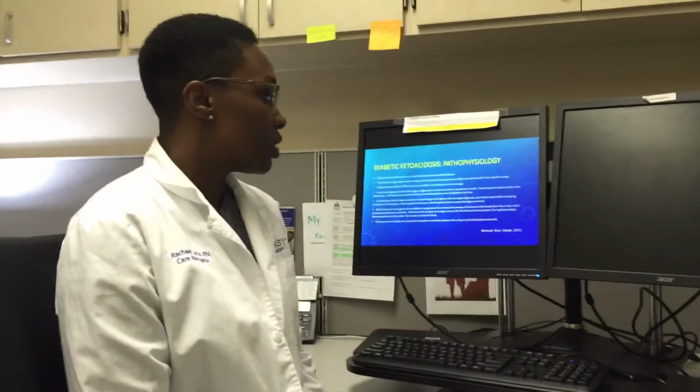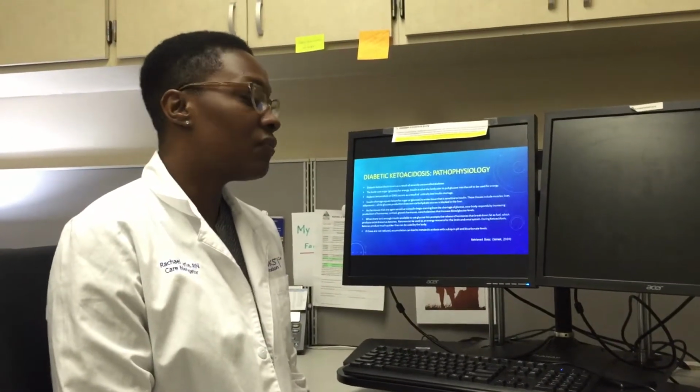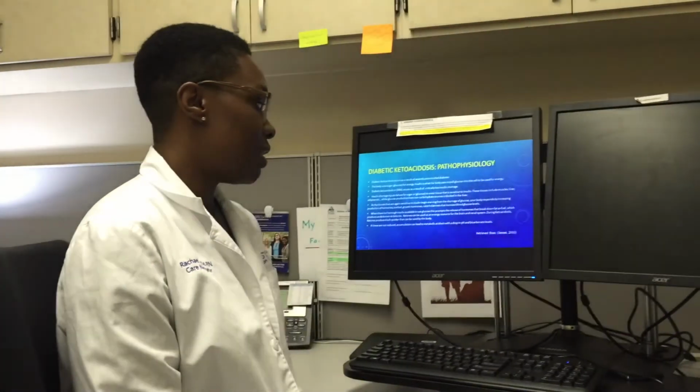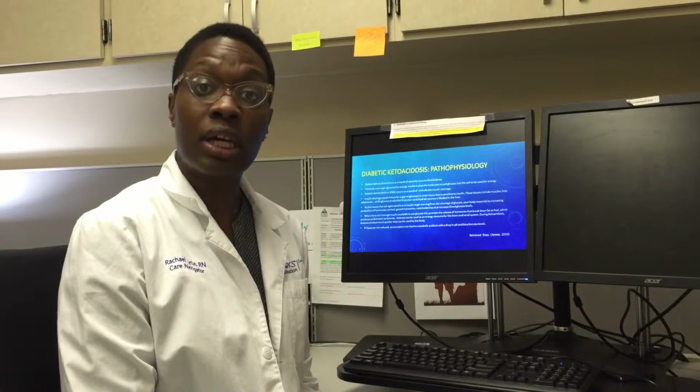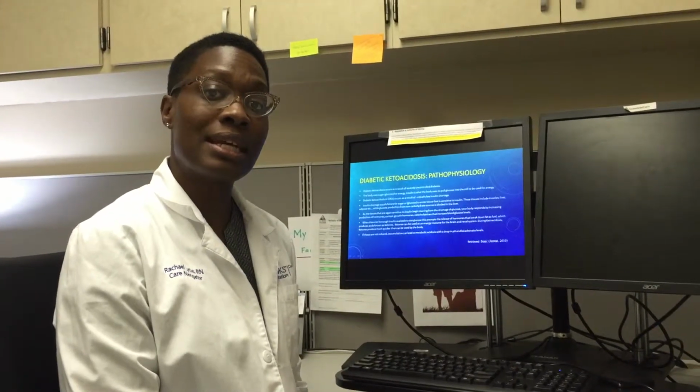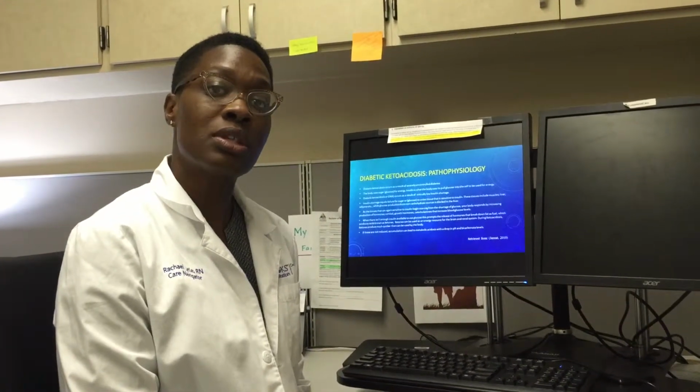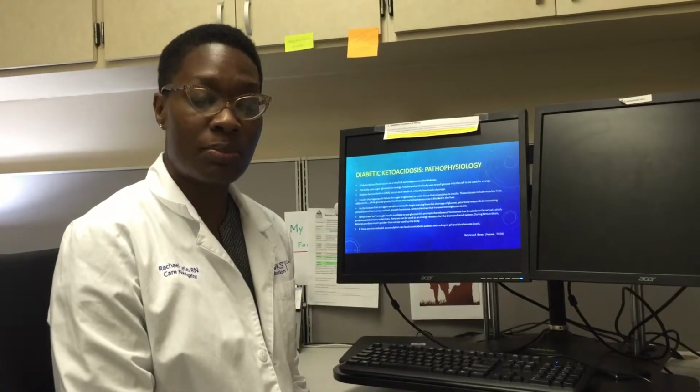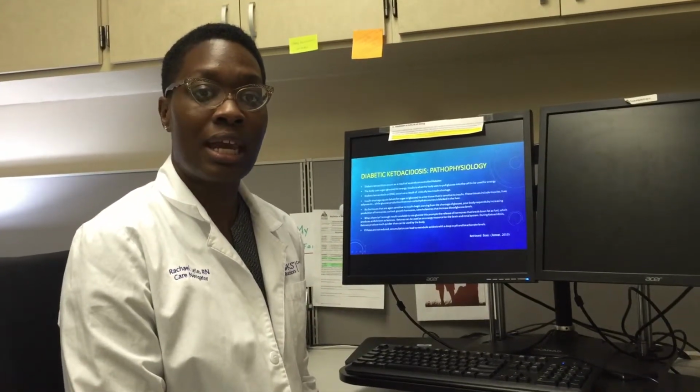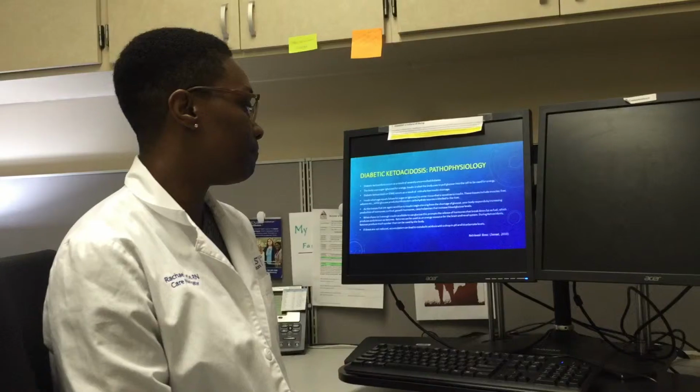Diabetic ketoacidosis occurs as a result of severely uncontrolled diabetes. The body uses sugar or glucose for energy, and insulin is what pulls the sugar into the cells and allows it to be used for that energy.